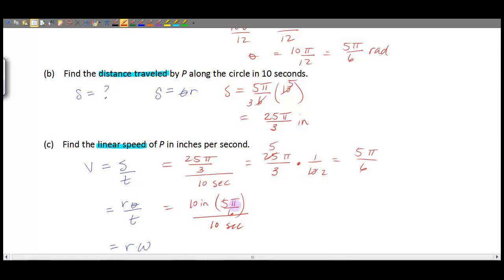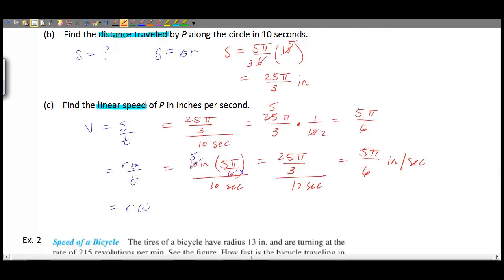Again, we have a complex fraction going on here. I'm going to simplify my numerator by saying 2 goes into both of those. That's a 3 and that's a 5. So my numerator should now look like 25 pi over 3, divided by the 10 seconds. Again, that's the same thing we had up there. We know this is 5 pi over 6, and it should be inches per second.